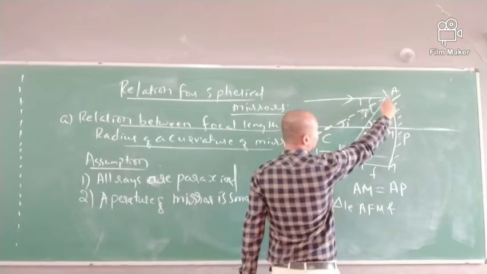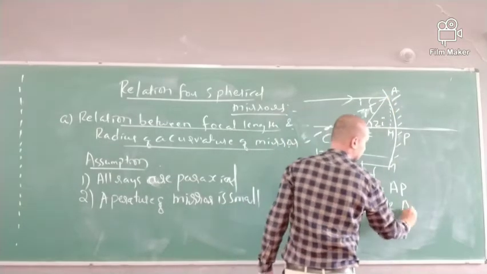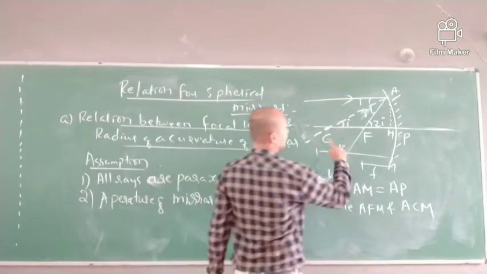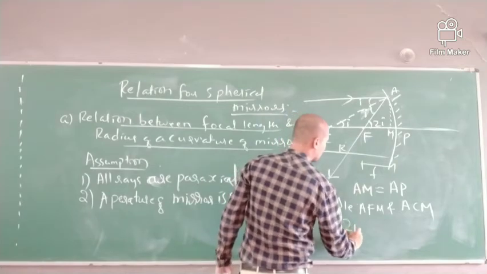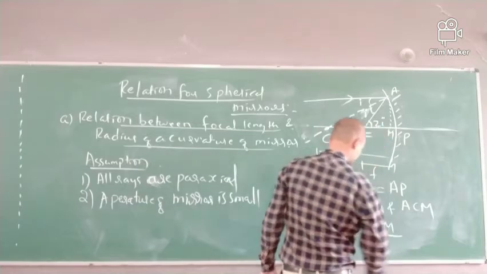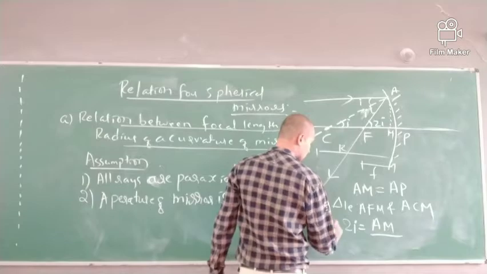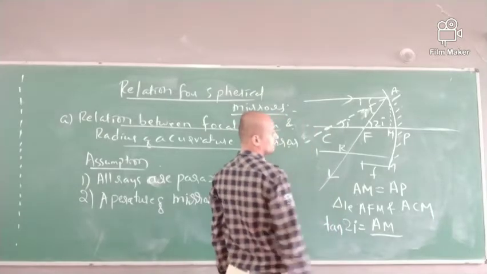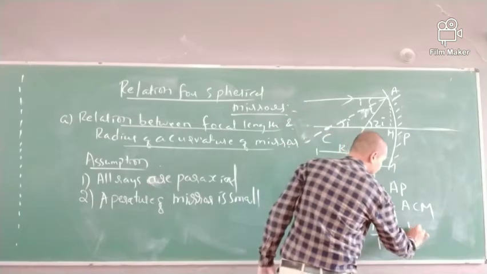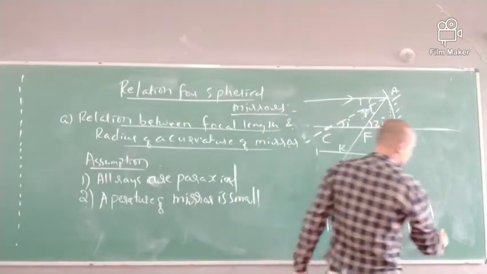From triangle AFM and ACM, I can write, from AFM, tan 2I is equal to AM divided by FM, and tan I is equal to AM divided by CM.